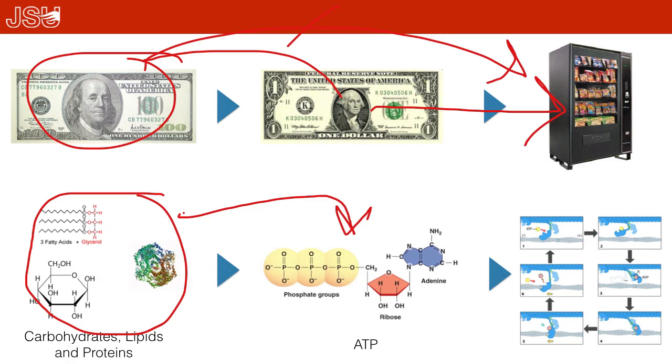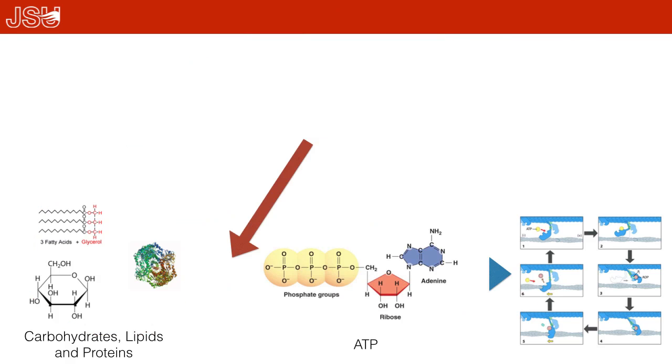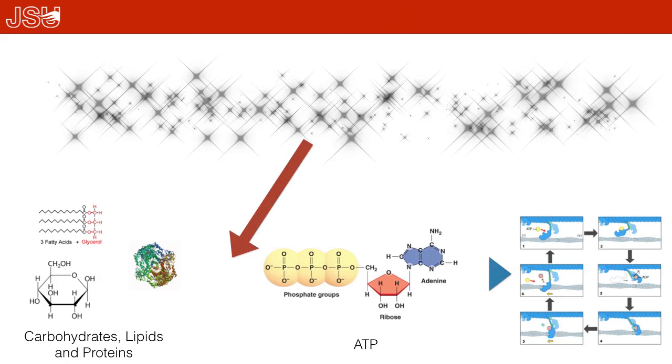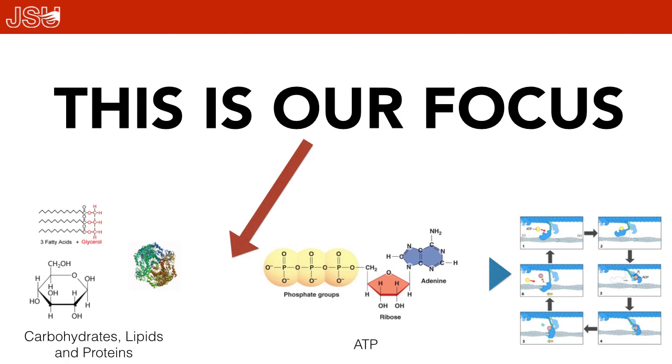In the same idea, I can take these ATPs and use them for things like muscle contraction, muscle relaxation, other processes in the body. That's the whole point of this operation. That's why we're doing this. That little arrow right there, that is our focus.